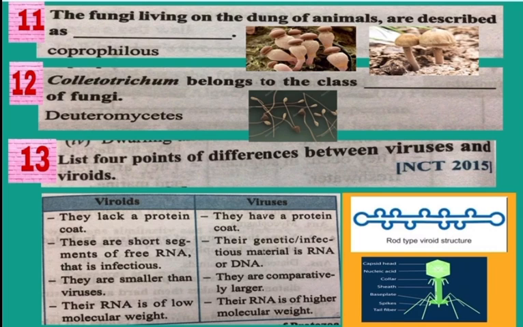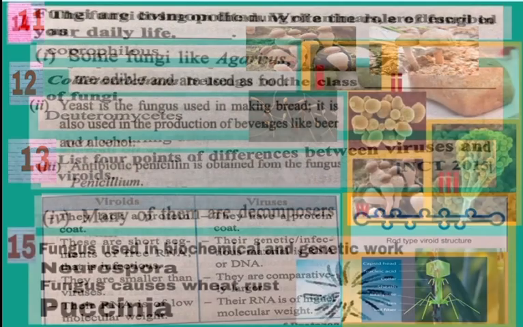Third, viroids are smaller than viruses and viruses are comparatively larger. Fourth, RNA of viroids is of low molecular weight, while in viruses RNA is of higher molecular weight. So these are the 4 differences between viroids and viruses.